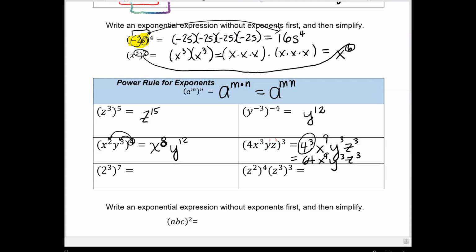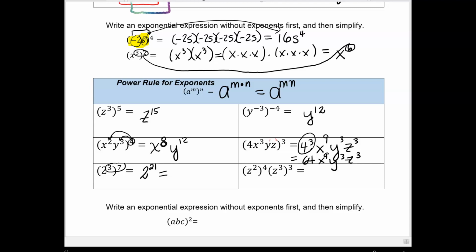Next, we have 2 to the third to the 7th power. Okay, again, we can use our power rule for exponents. 2 to the 21 power. Because we have a number here, 2 to the 21st power, you could put this in the calculator. Now, of course, you don't want to put in the calculator 2 times itself 21 times, right?